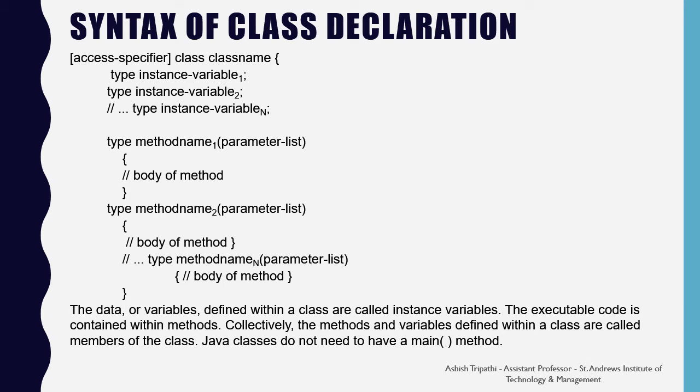The data or the variables defined within a class are called instance variables, as their copy is available to each object. The executable code is contained within the methods. Collectively, the methods and the variables defined within a class are called members of the class. Java classes do not need to have the main method inside them.